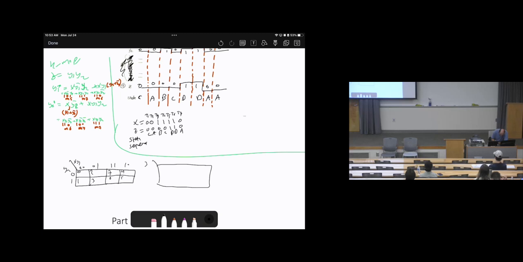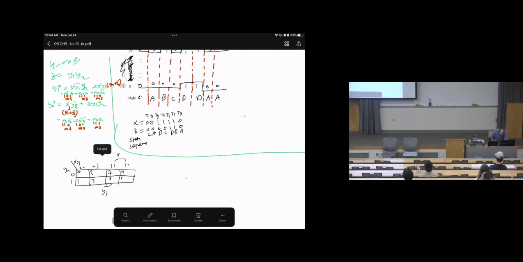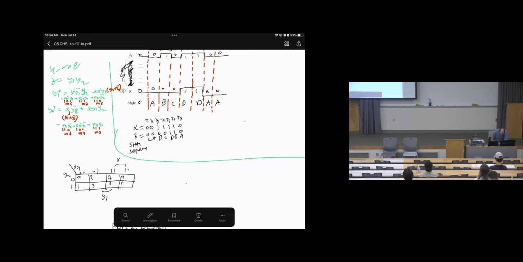The same here: Y2, X, Y1. Let me finish writing this. This is equivalent to X, this is equivalent to Y1. Can I copy this? I'm not sure how I can copy. Okay, I need to redraw it. Let me redraw it.